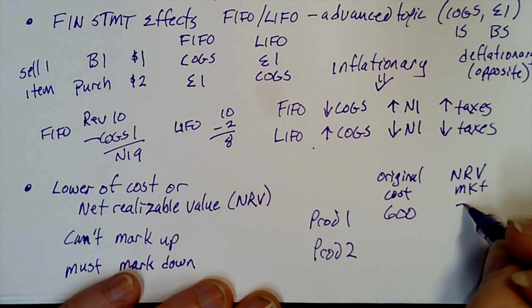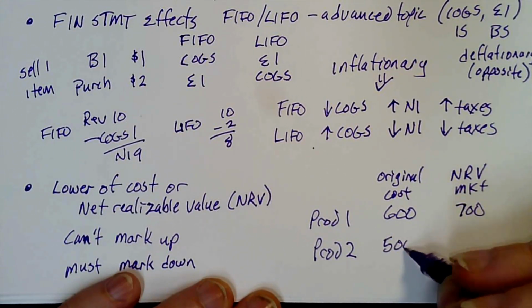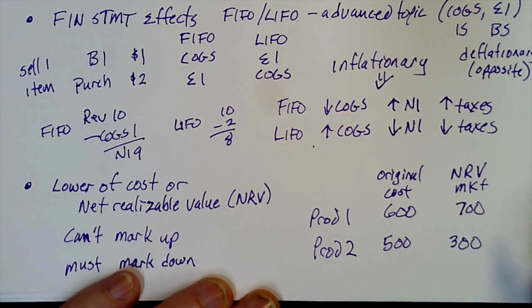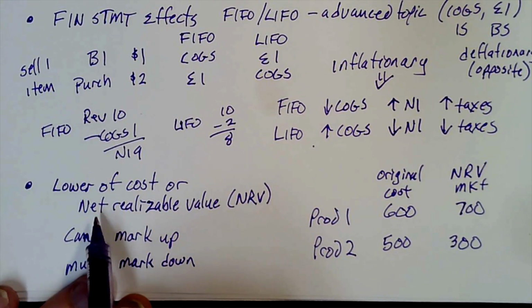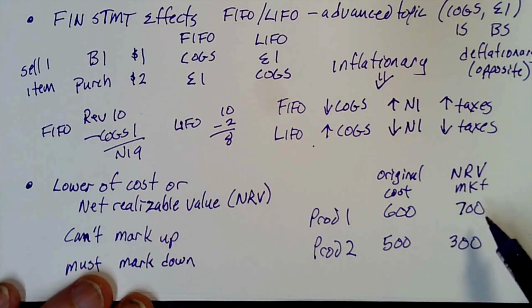The value has gone up. But I have a second product where I bought it for 500, but the current market price is down. Well, whenever we figure out the cost of our inventory, we have to decide which value are we going to use, the original cost or its market value.